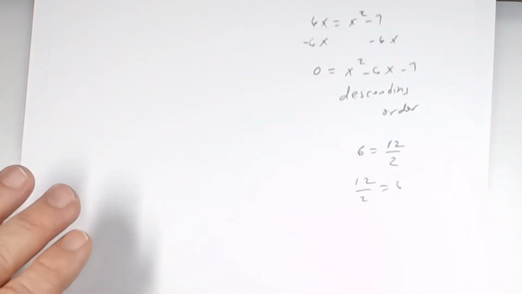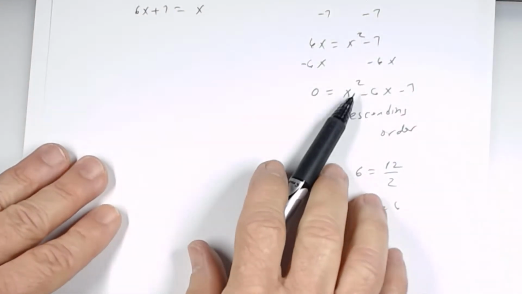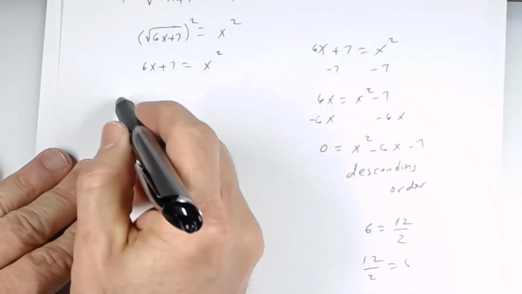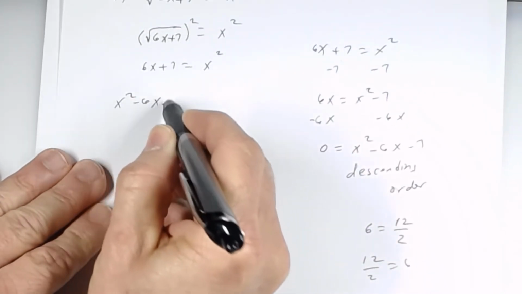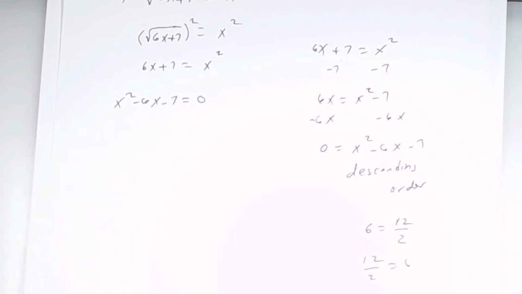Yes or no? Yes. So left equals right means the same thing as right equals left. So it is mathematically correct to say that this right here is the same thing as saying x squared minus 6x minus 7 equals 0. All right, so it's factorable.